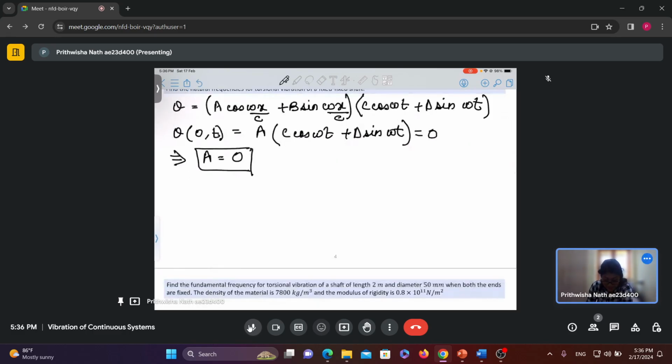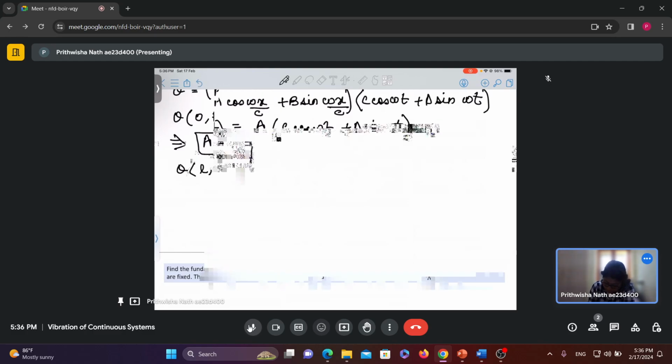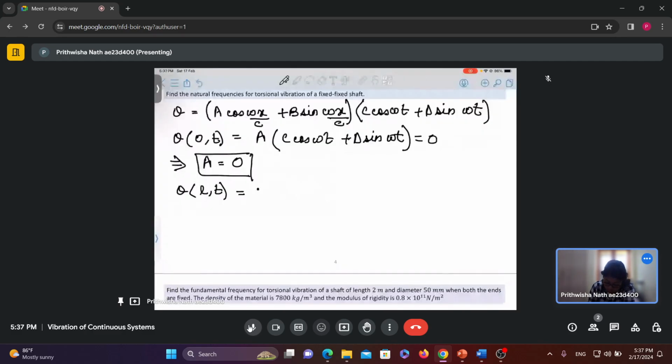Now for the other end, that is x equals L, we can write this as d sin omega L by c into c cos omega t plus d sin omega t, which is again equal to 0.